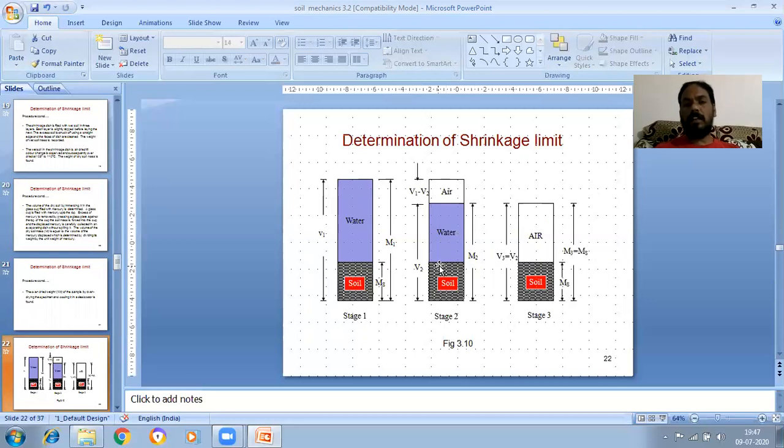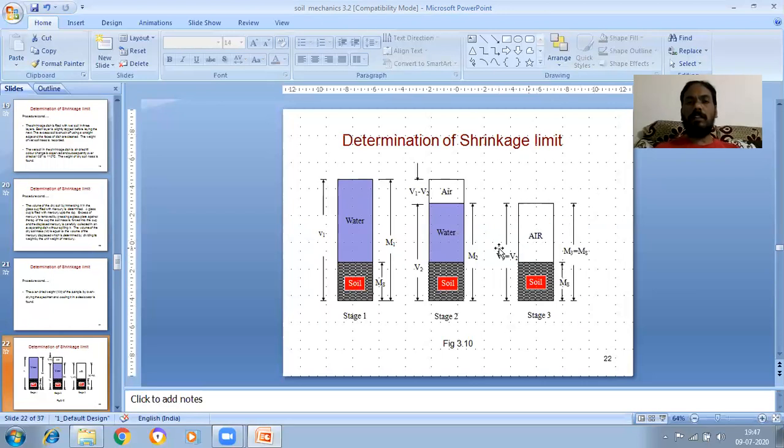Fine. Next, what to do? Keep this soil sample in the oven, and then what will happen? The water present in the voids gets evaporated, so the voids get filled with air. So this is the oven dried soil sample.